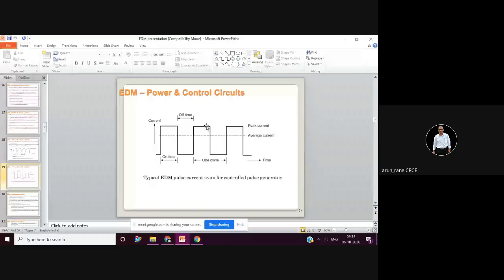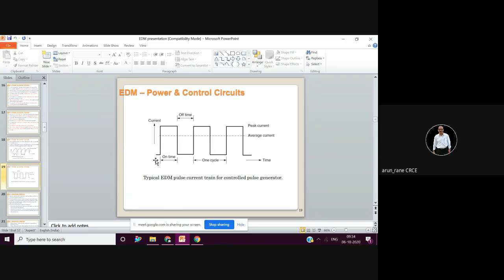So you have on time here, off time here. One on time plus off time makes one cycle. The graph is of current against time. Okay. When you draw, you should show a slide, because it is not possible that when t is equal to 0 the current is 0, and at the same time when t is equal to 0 the current is 10 ampere or whatever it is.